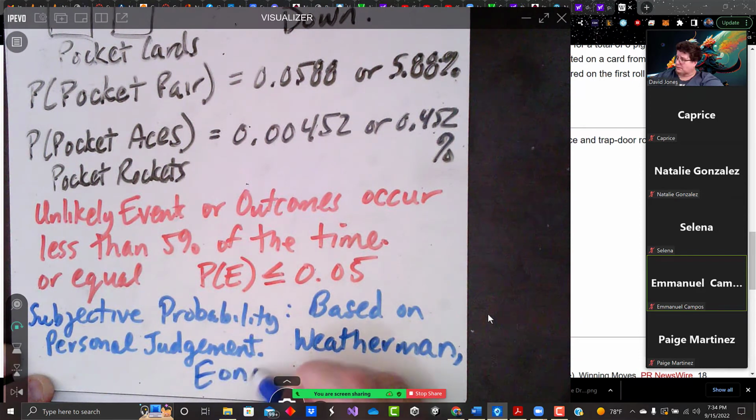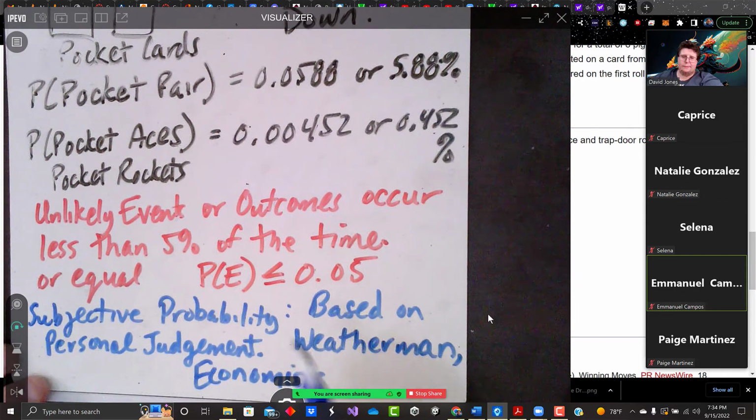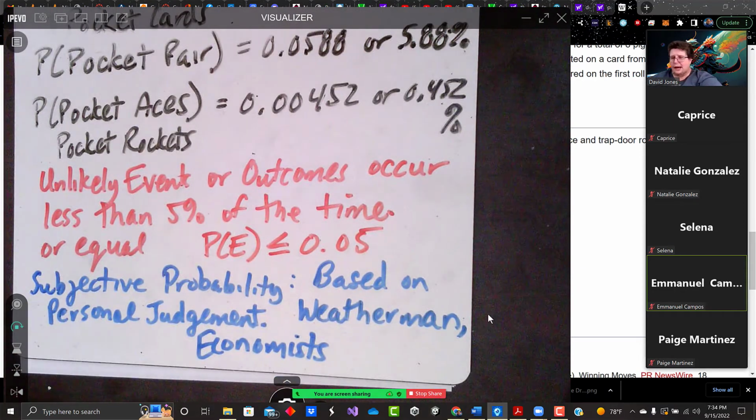Economists. People that look at what happened in the past and they just say, I think it's going to be a bull market, or I think it's going to be a bear market. There's no way of figuring it out experimentally other than just waiting to see what happens. So they are using their personal experience and making a judgment call.